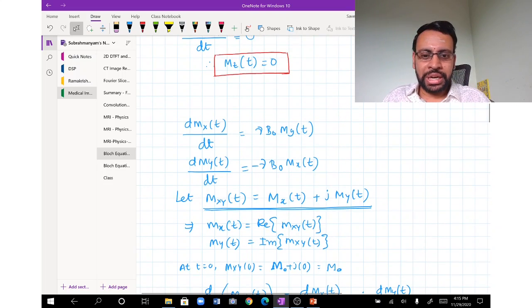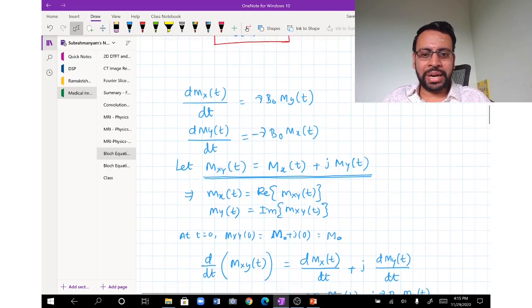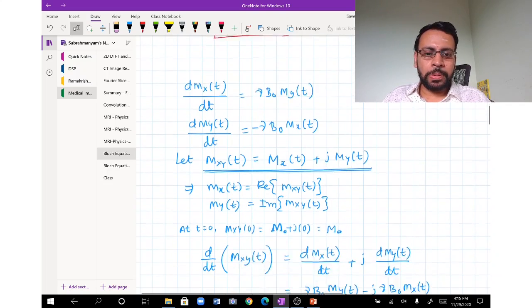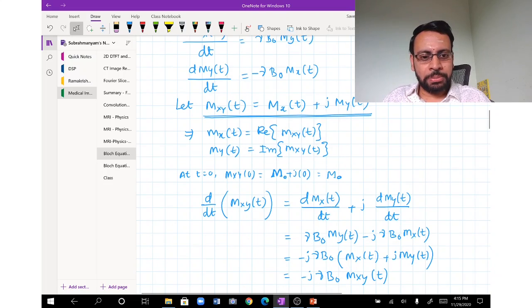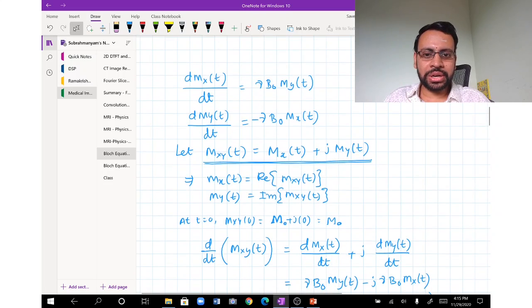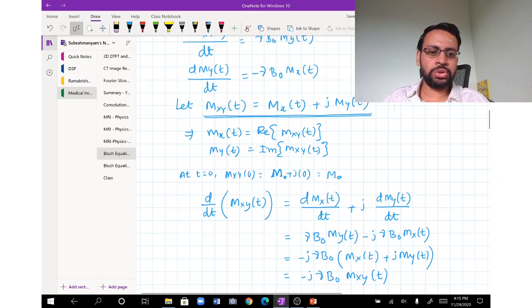So the derivative of mxy of t by dt would be equal to the derivative of mx of t by dt plus j times the derivative of my of t by dt. Since you have considered this as your equation, you take a derivative of this with respect to t, equal to the derivative of this term with respect to t plus j times the derivative of this with respect to t.